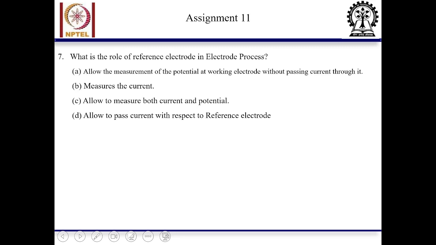Okay. So actually the correct answer is A only. It will allow the measurement of potential at the working electrode without passing current through it. We are not passing the current through the reference; we are measuring with respect to the working electrode, and the counter electrode is where we measure the current.